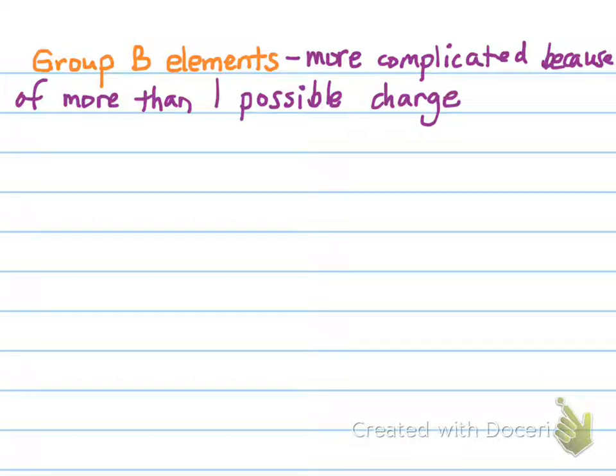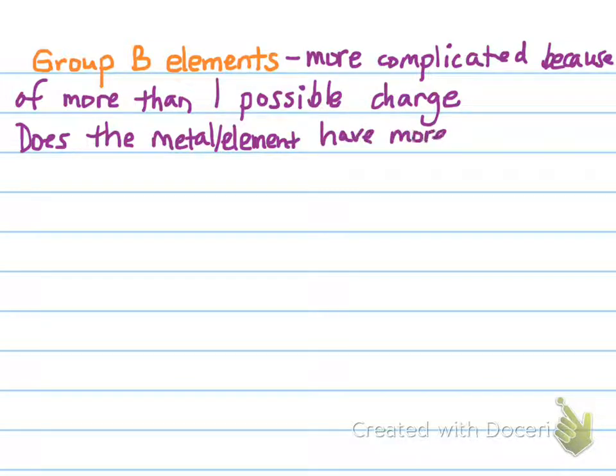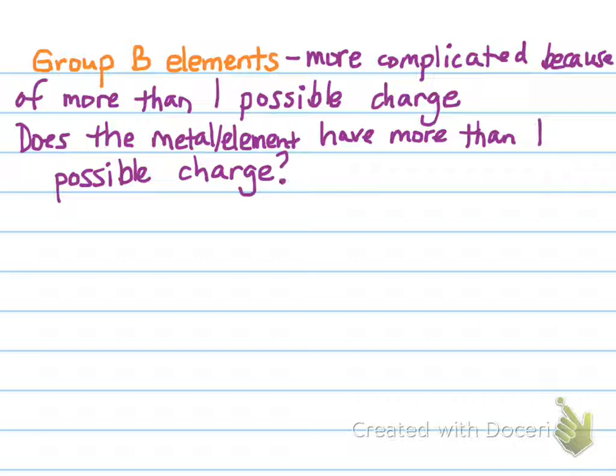So when we're dealing with group B elements, our first question is, does the metal or the element have more than one possible charge? How are we going to check that? We're going to use our helper sheet.